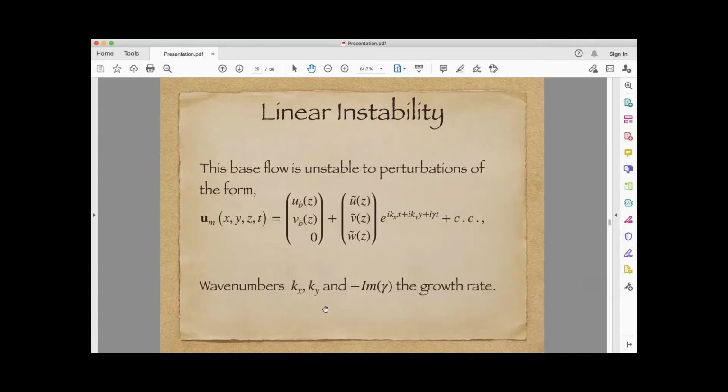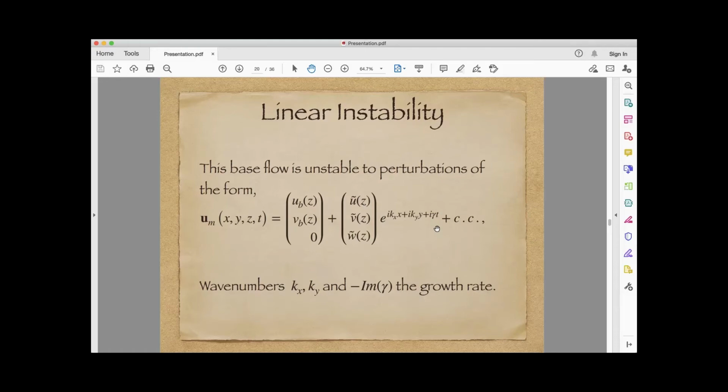You look at the growth of these perturbations, and these wave numbers kx and ky denote the wavelength of these perturbations, and you have a gamma which shows the time dependence of this perturbation. The minus of the imaginary part of gamma is the growth rate. So if this is positive, then you have a growing unstable solution. If minus the imaginary part of gamma is negative, then you have a decaying solution, so everything is fine.